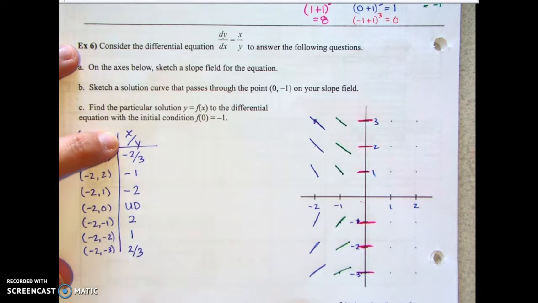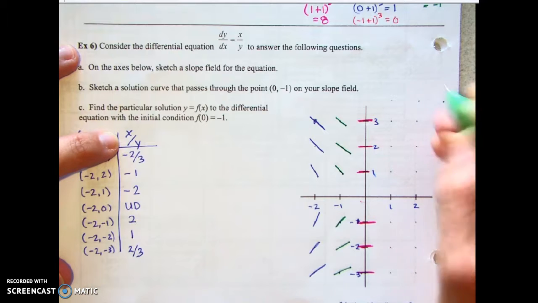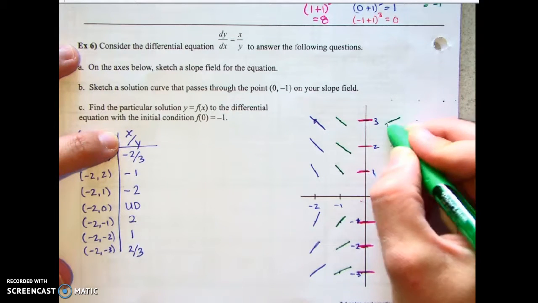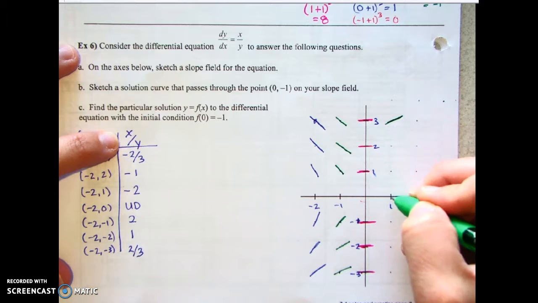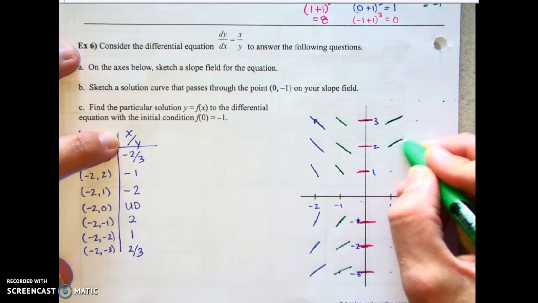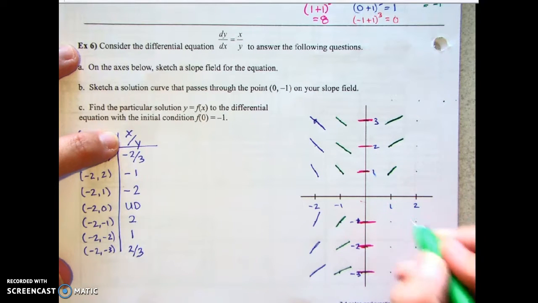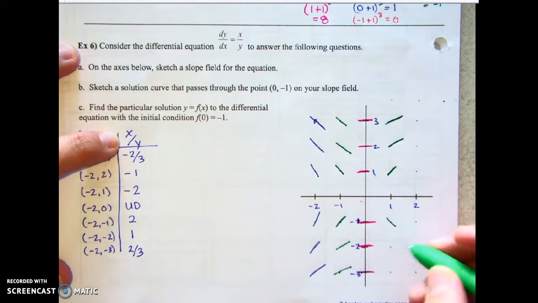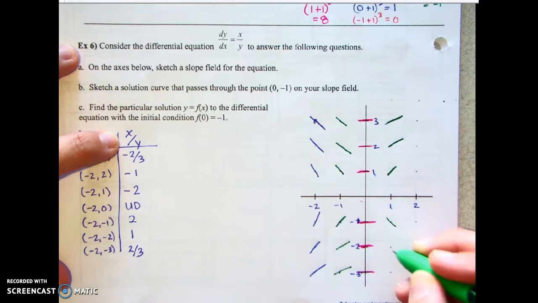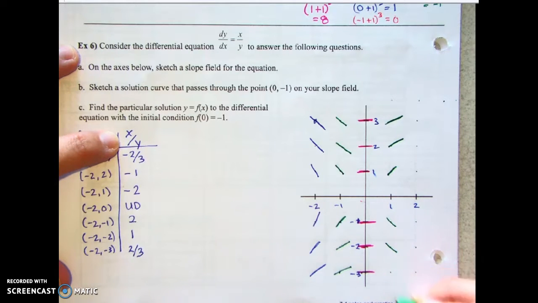So for this one, we're going to go up 1 and over 3. 1, 2, 3, and aim in that direction over there. 1 divided by 2, up 1 over 2. 1 divided by 1. 1 divided by 0 is undefined. 1 divided by -1. 1 divided by -2 would be a -1/2 slope. 1 divided by -3, a -1/3 slope.